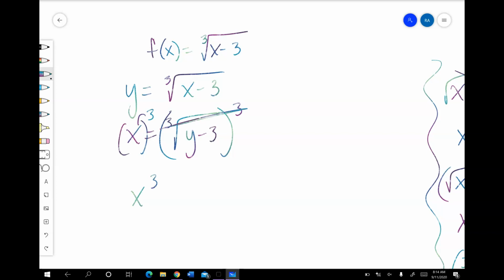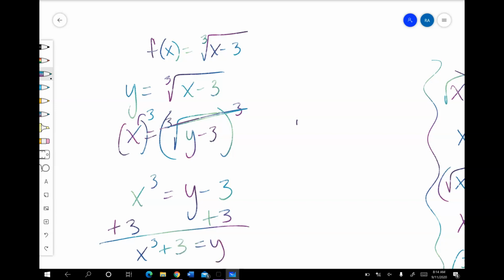This cancels, and I'm left with y minus 3. We're going to add 3 to both sides. So I get x cubed plus 3 equals y, which is my final answer: f inverse of x equals x cubed plus 3.